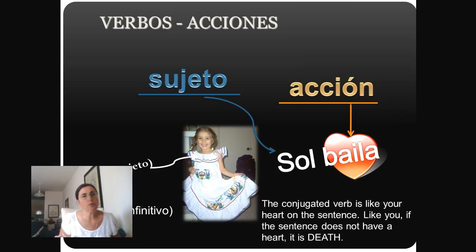So here we have all together what I just explained to you. We have Sol, my granddaughter. So she's the performer, and she's doing an action. What action is she doing? The action of bailar, to dance. So when we put together the action bailar with Sol, who is the one doing the action, we have Sol baila.